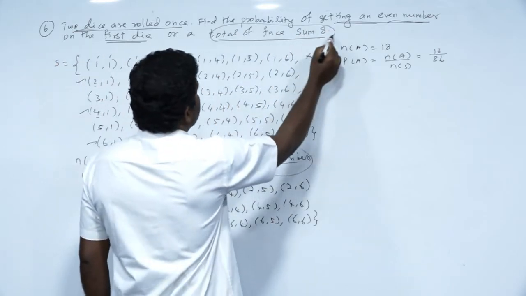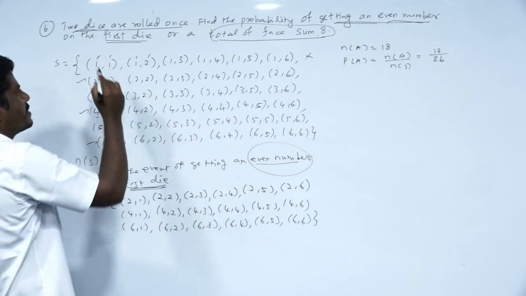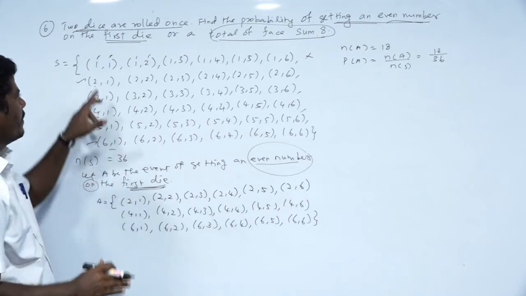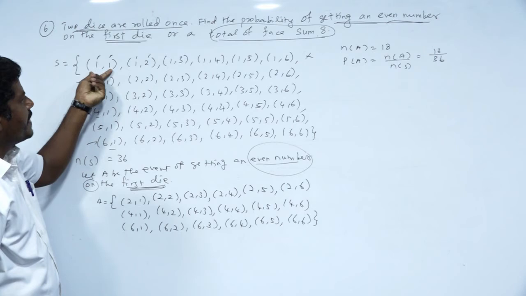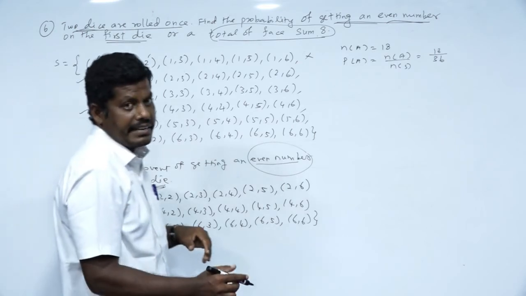Total of face sum is 8. This is first face value, this is second face value. First day's value, this is second day's value. So total of face values must be 8. Understand, my dear? That only we want to take in second event.